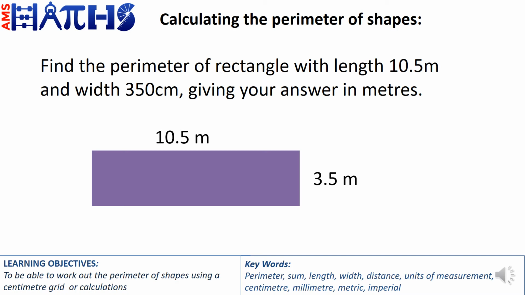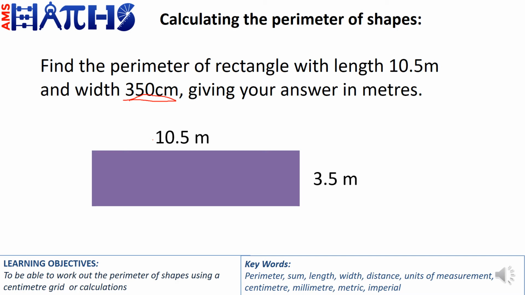The 10.5 meters was given, but then in the question I had 350 centimeters. Now, converting that, I get 3.5 meters because I need 100 centimeters in order to have 1 meter.